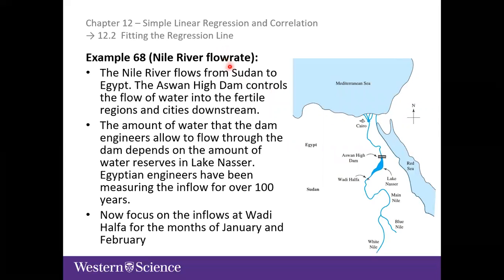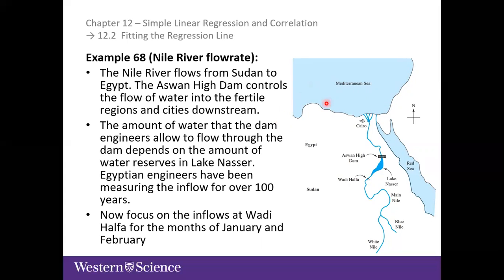Let's have a look at another example. This is example 68 on the Nile River flow rate. There are 2 sets of flow rate data along the Nile River in Egypt, over more than 100 years.